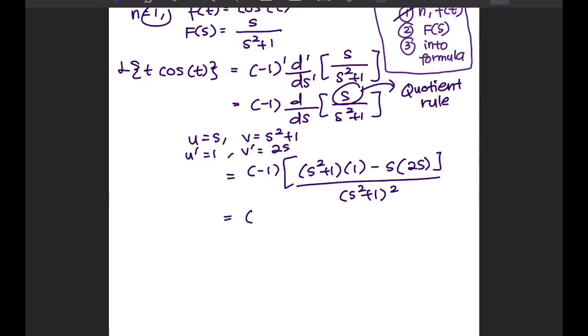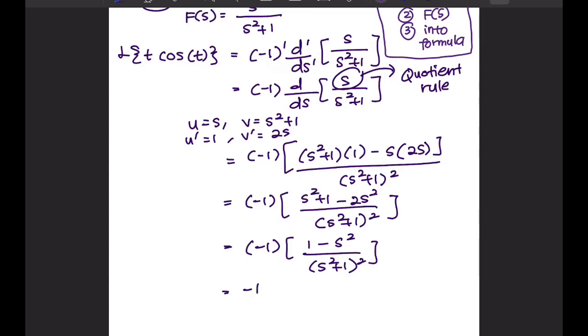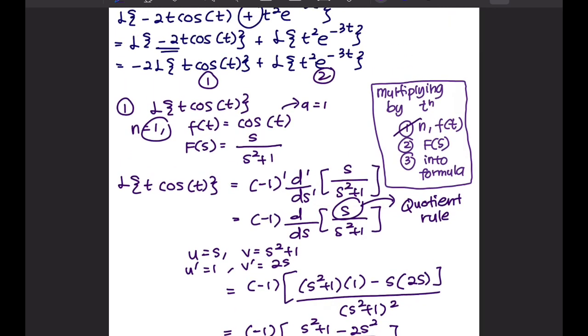So simplify, you will get minus s squared. Apply negative 1, you will get negative 1 plus s squared. Okay, so for function 1, this is the answer.